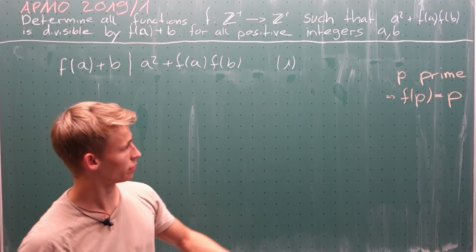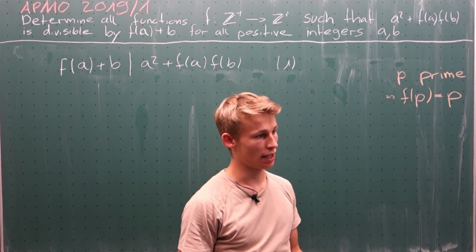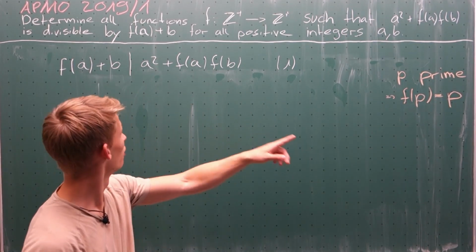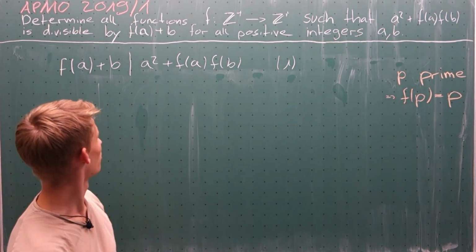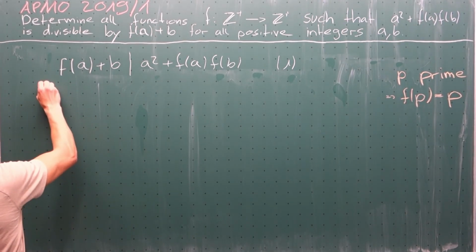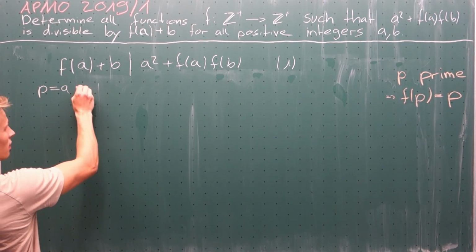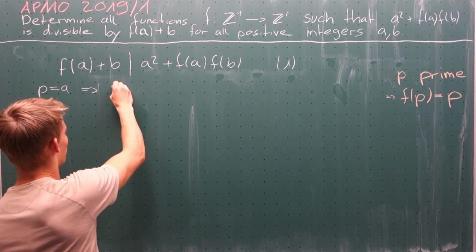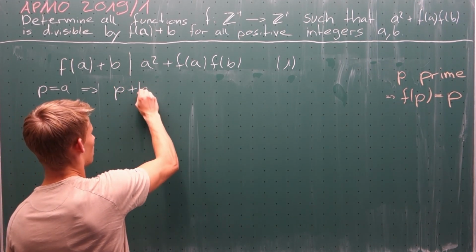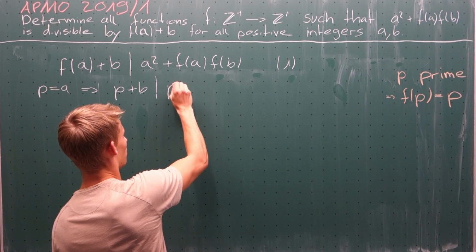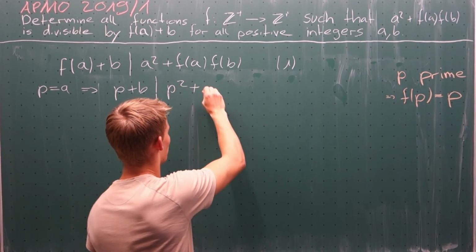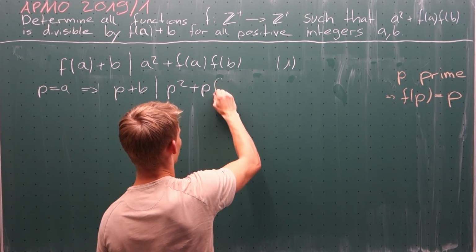Now we want to use the fact that f of p is equal to p, and therefore we want to put in p for a or b into this equation. At first, p equals a gives us p plus b divides p squared plus p times f of b.